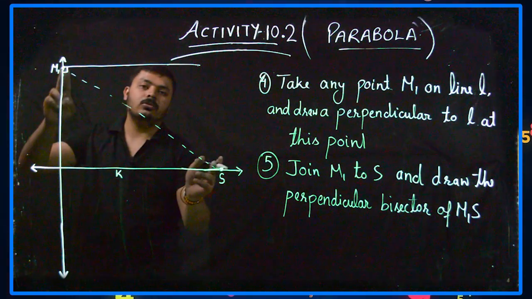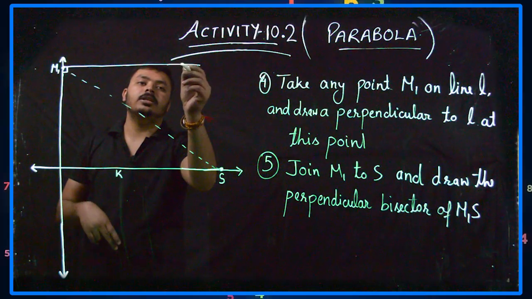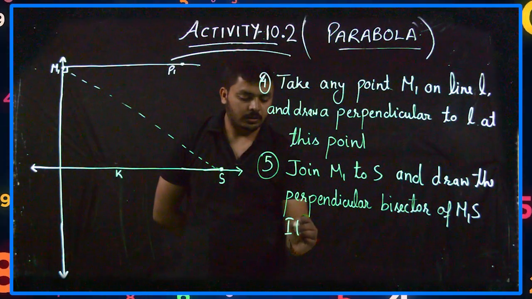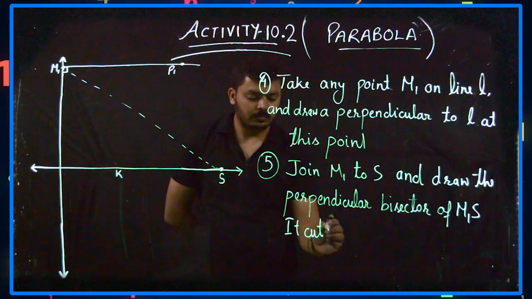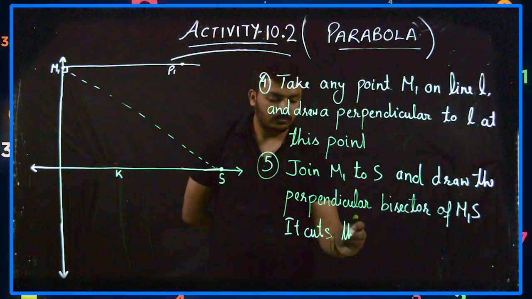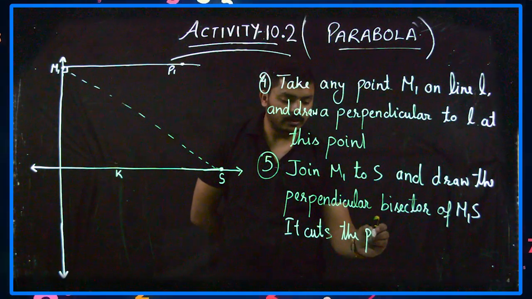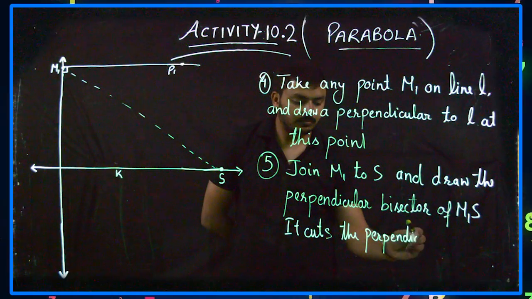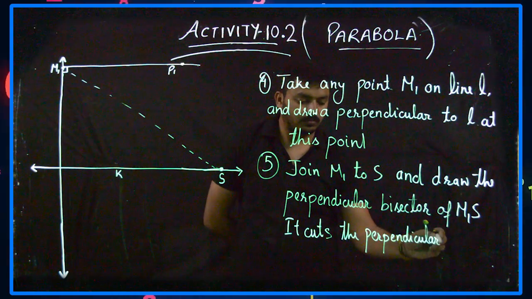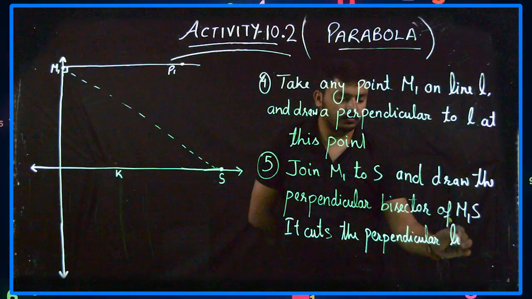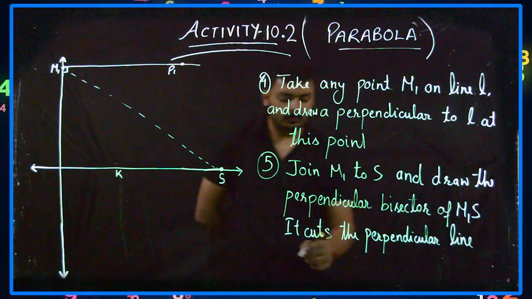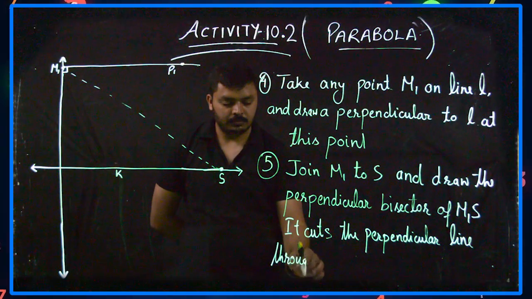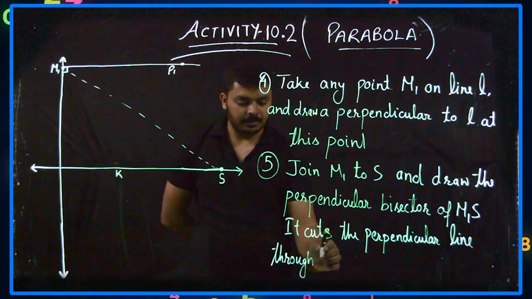When we draw the perpendicular bisector, the point obtained is point P1. It cuts the perpendicular line through M1 at P1.